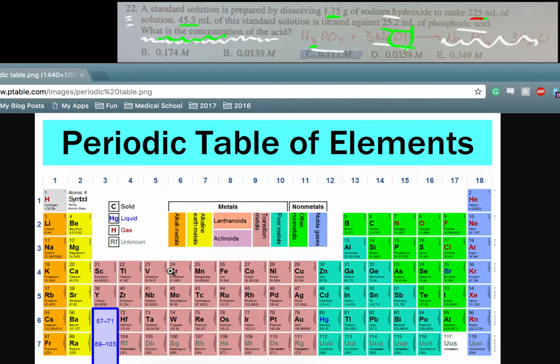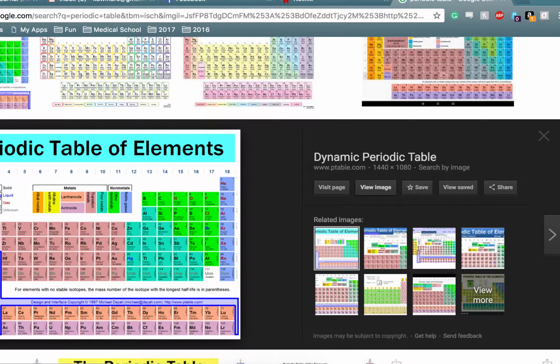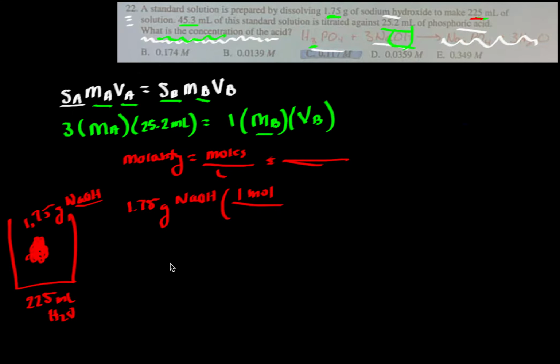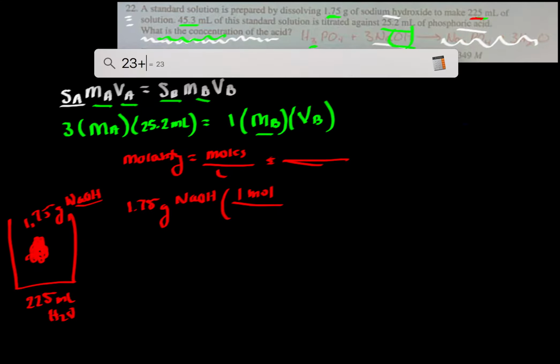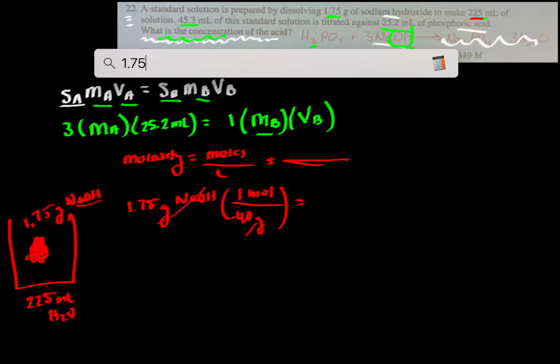I have a periodic table. Sodium is 23, plus 16, plus 1, is 40. We'll be rounding, so our answer might not be exactly right. So 40 grams for sodium hydroxide. The grams cancel. Let's see how many moles that comes out to be.